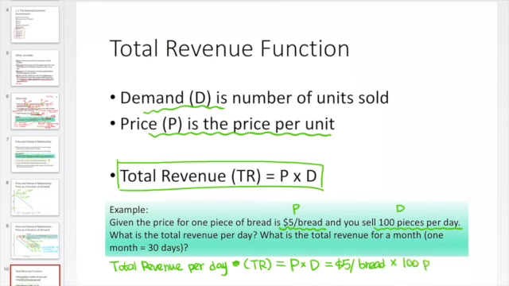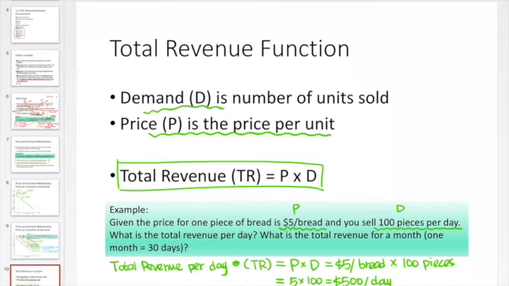D is 100 pieces. Of course, you don't have to write the units like what I do here, okay? You can just write it as 5 times 100, which is fine. So that's gonna be 5 times 100, which is $500 per day.